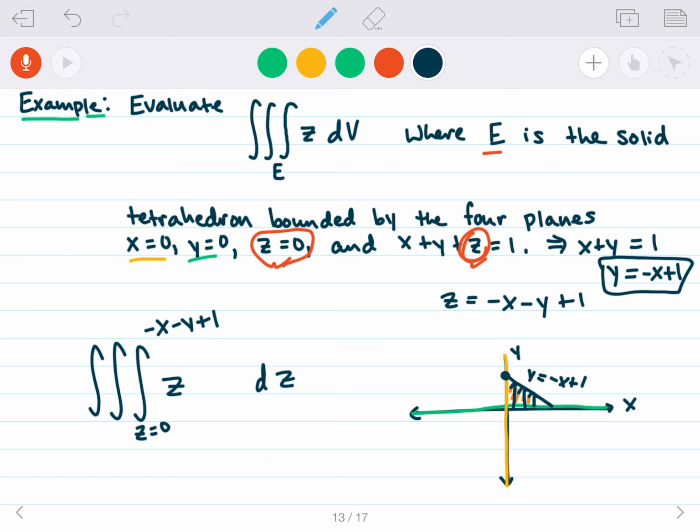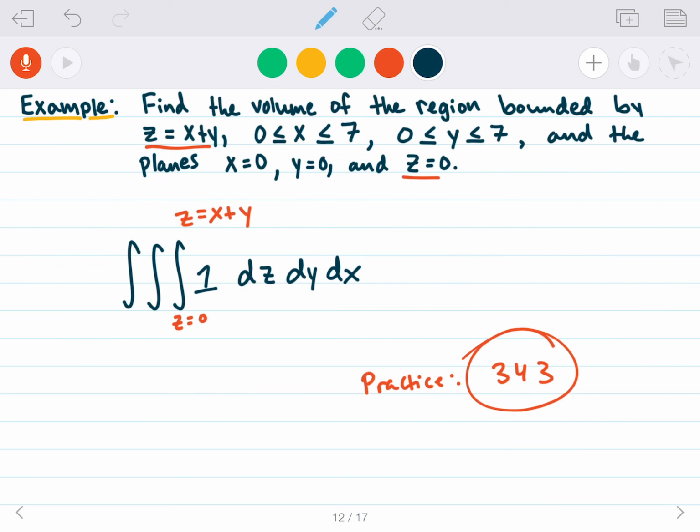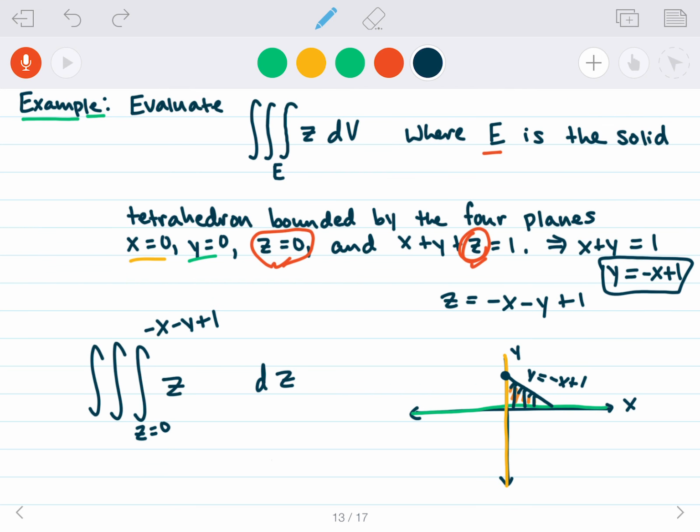That would be an easy thing to do because in the previous situation we had these two slanted lines and it wasn't easy to see what the bounds of y would be. But here it's easier because we have this horizontal line down here that's our lower bound, and this is our upper bound in the y direction. So we're going from y equals 0 to y equals negative x plus 1, and maybe I should have put this as equal to z.